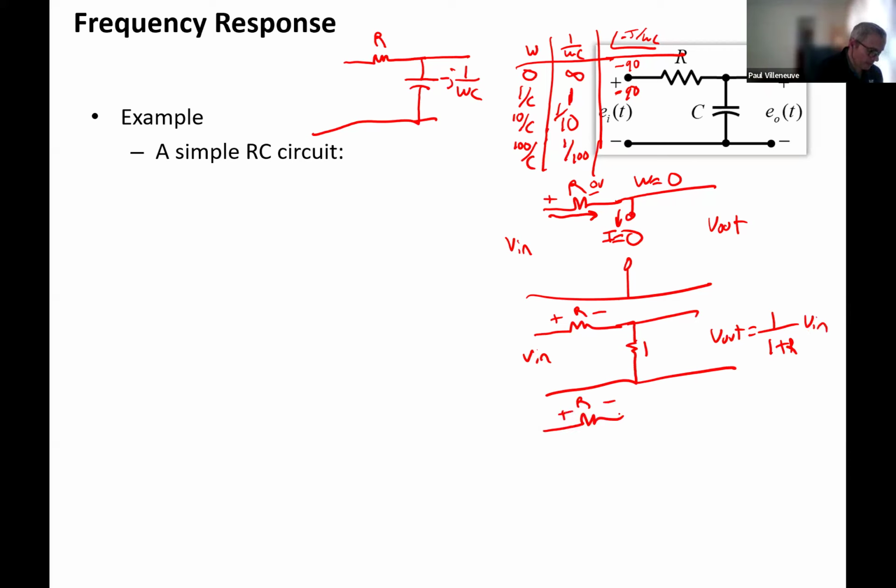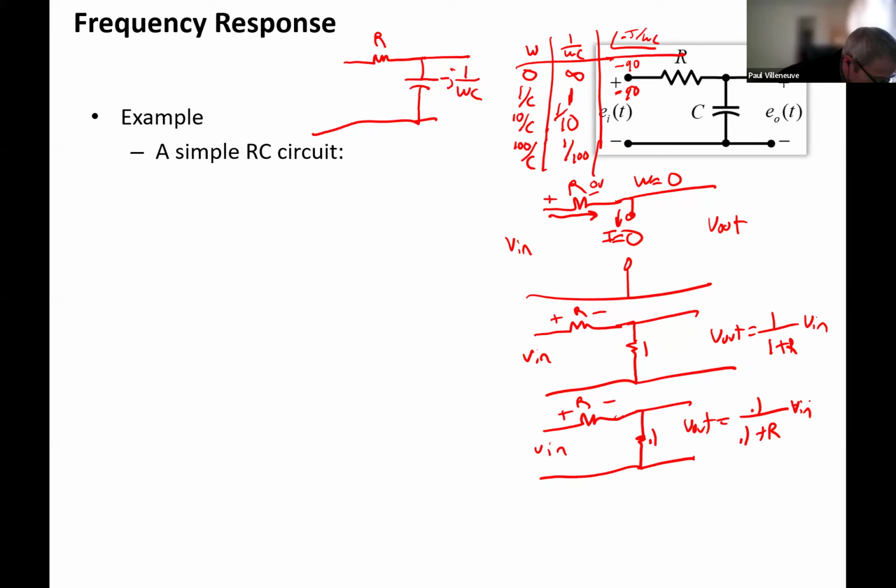R plus minus. This is equal to 1/10 or 0.1. So here's my V in, here's my V out. So I have 0.1 over 0.1 plus R times V in.